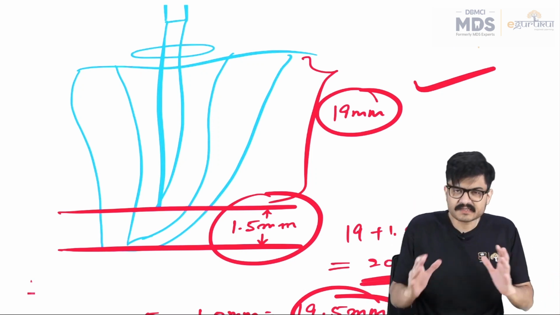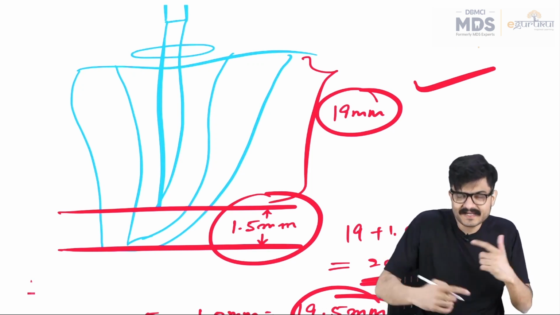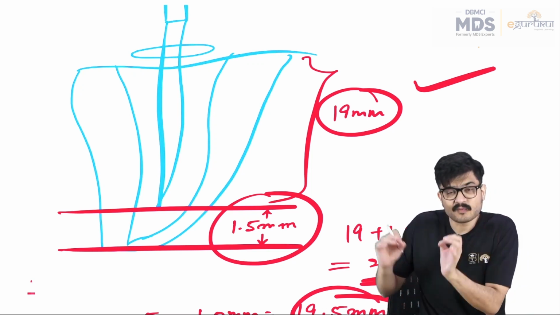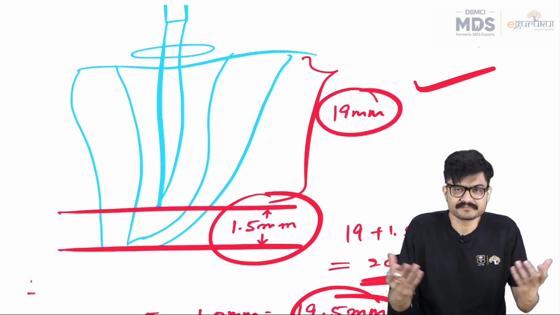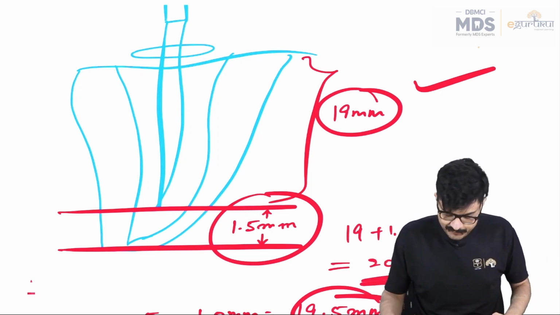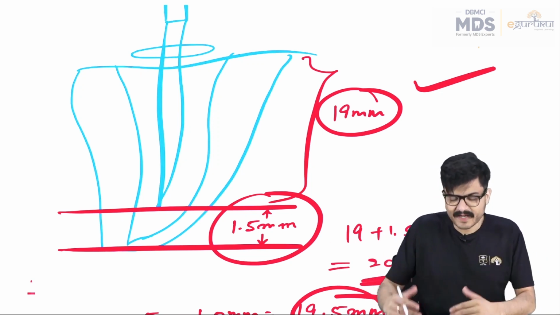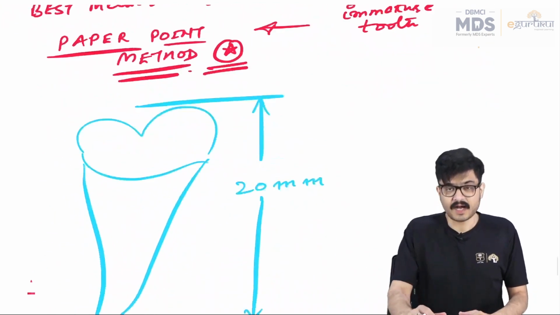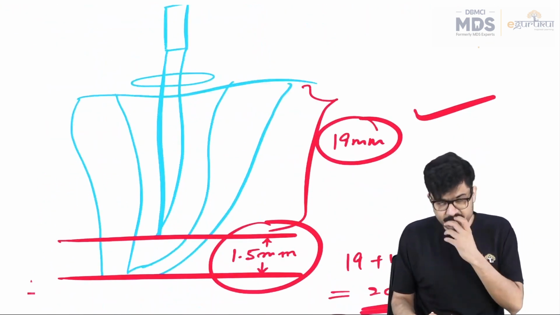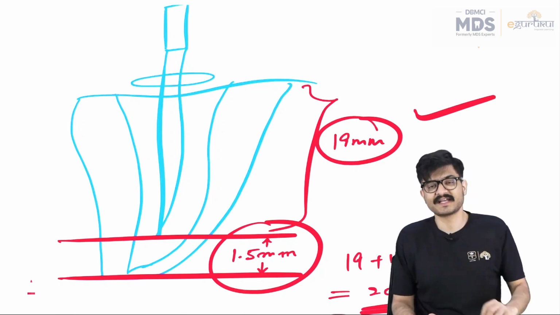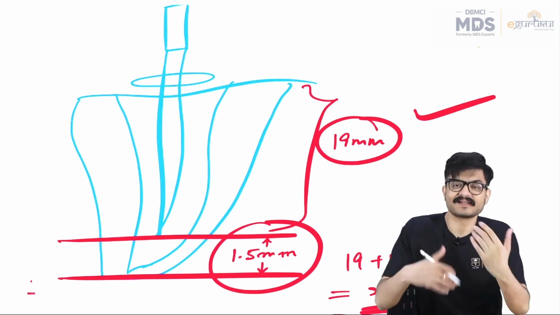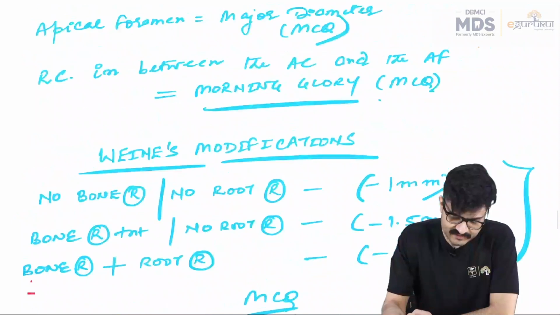This is slightly tough to understand, you can keep rewinding and just keep marking what I'm saying, and that's the greatness of having recordings, right? You can keep reviewing them, rewinding them, and seeing them again. However, the good news is that I'm also going to discuss the exact original diagram given in Ingle, so we're going to have another revision right away.